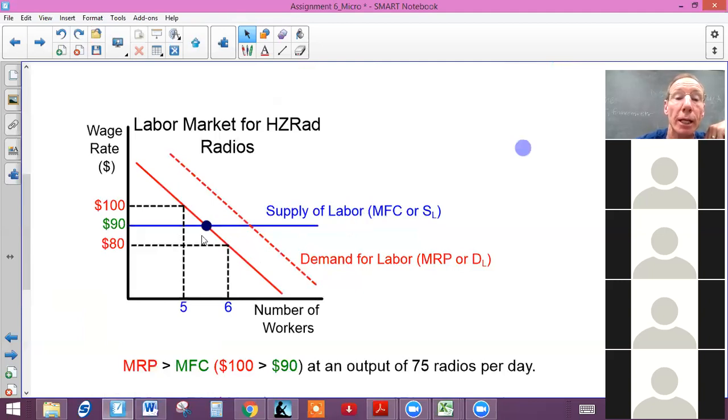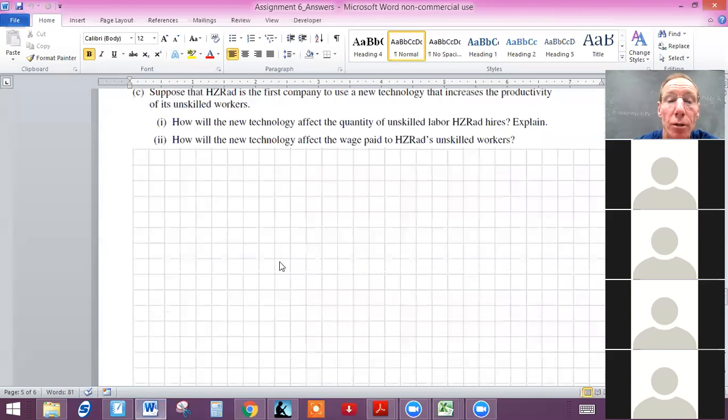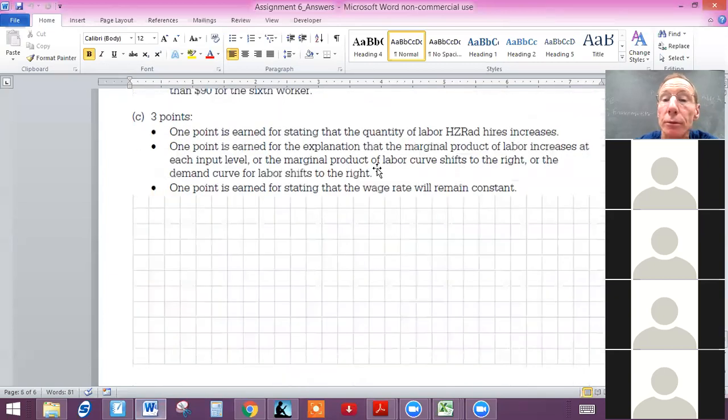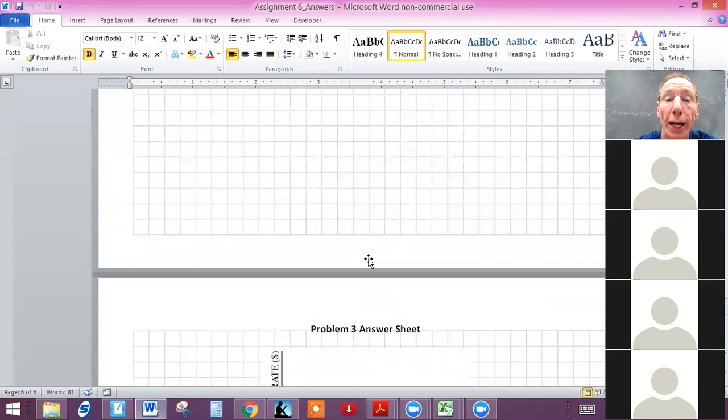It's going to be perfectly elastic at 90, okay? Wage does not change. And that, I believe, is the final answer. Yep, that's it. Okay, guys?